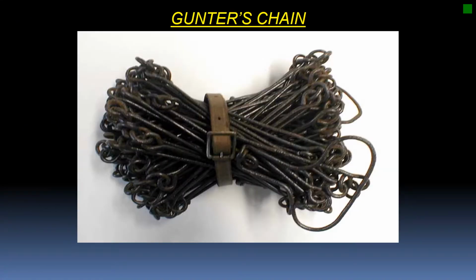This is what a Gunther's chain looks like when it was all rolled up or when it was put together. You'll notice that they have these little wire pins going back and forth. Those things were called links, and there were 100 of them to make up a Gunther's chain. And in the next slide, you're going to see the genius of this system. So let's go on to the next slide.